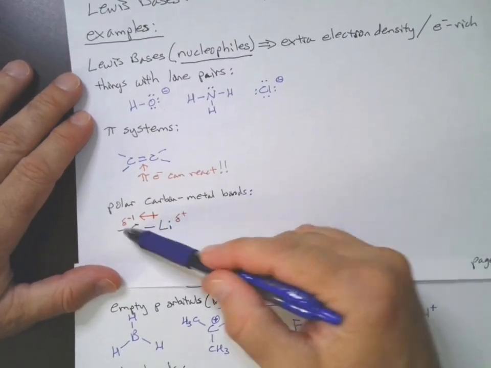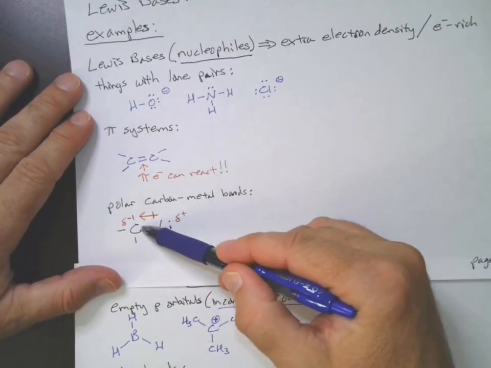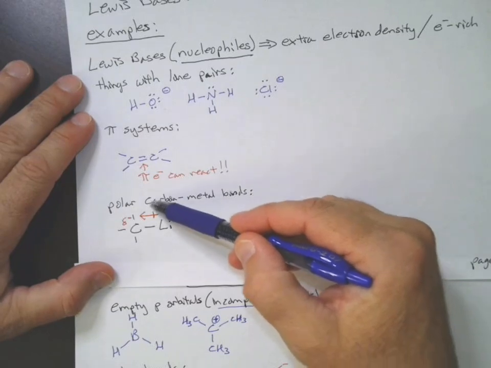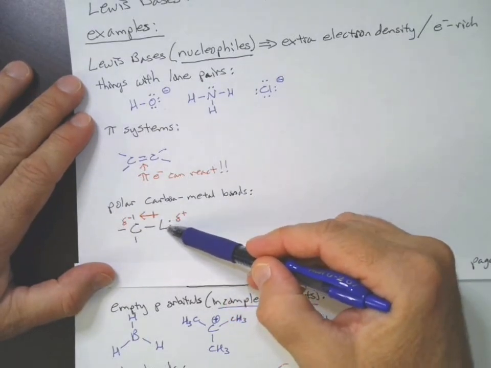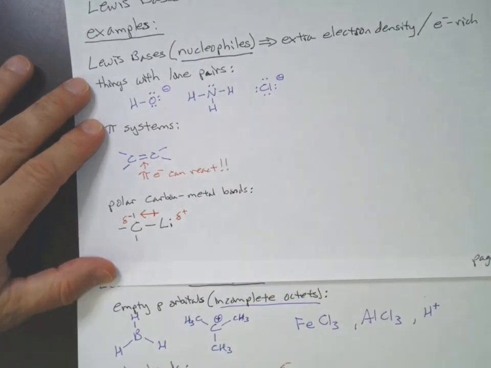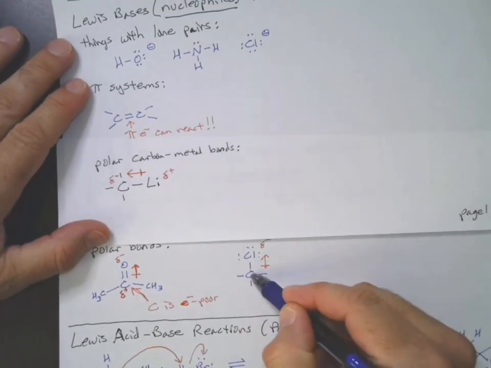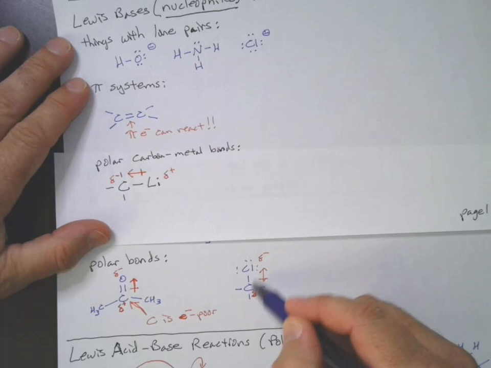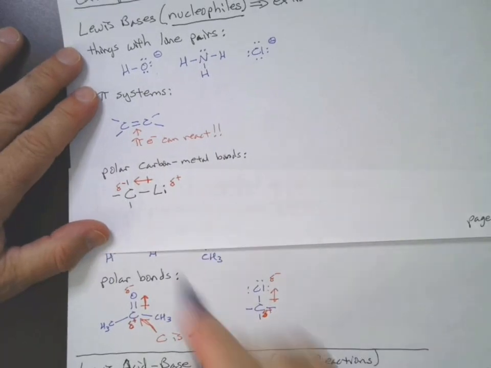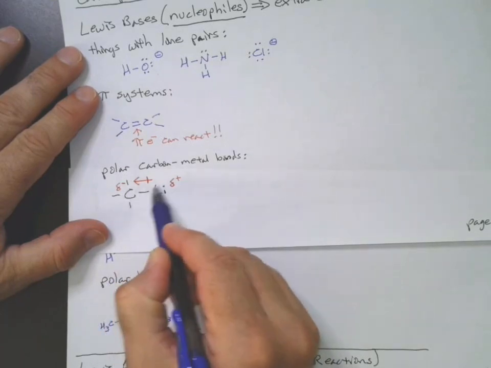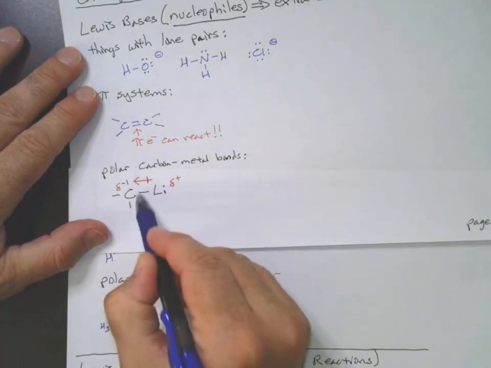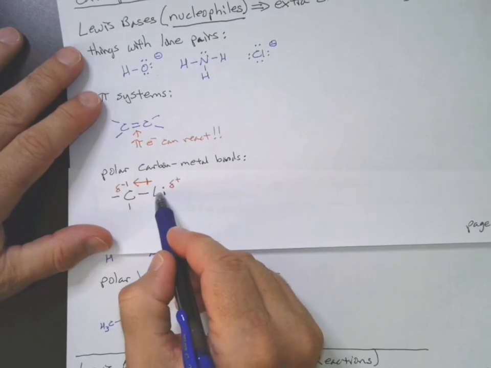And then certain kinds of polar carbon-metal bonds where the electron density is more on the carbon than on the metal. So it's the opposite of our C-Cl bond, where the electron density is on the chlorine. So our carbon is electron poor. Here, the electron density is on the carbon. Lithium's electron poor, but this extra electron density, that can react.